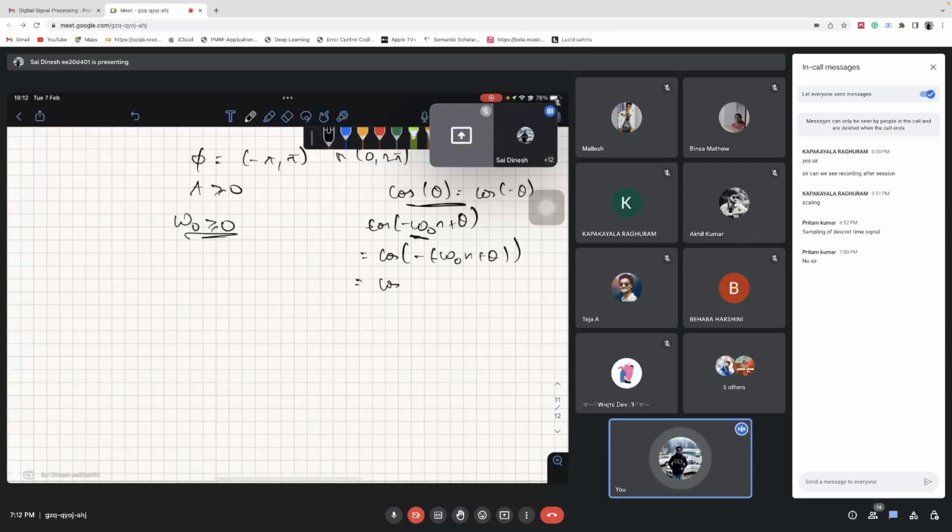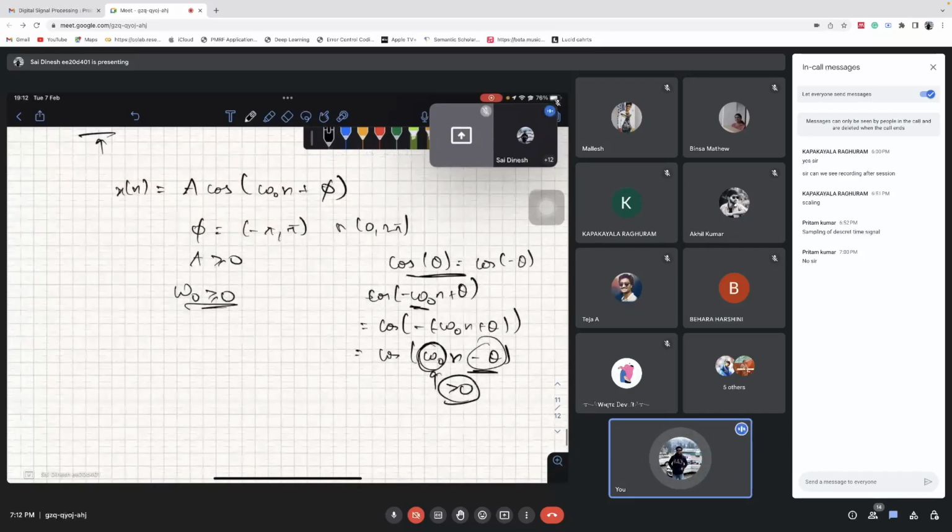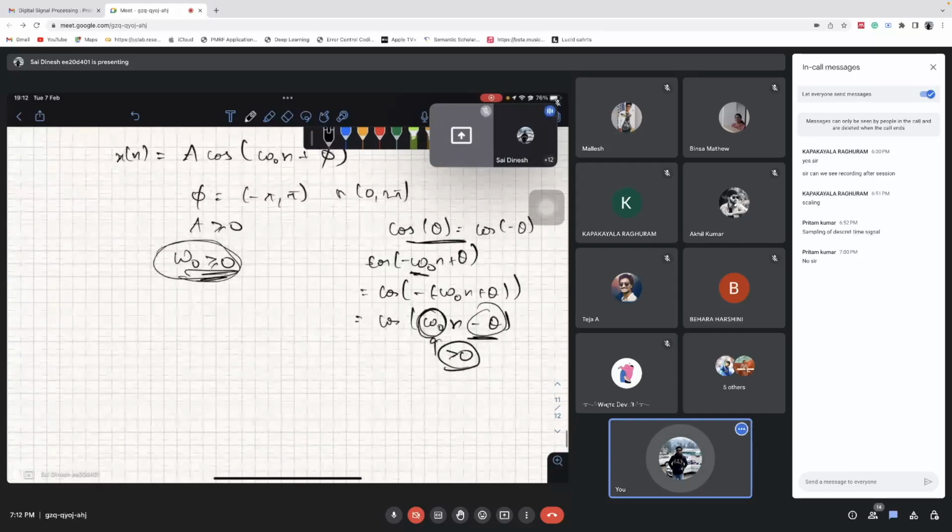So now again what we have is omega naught n minus theta. So if we can tolerate a phase difference, this omega naught can always be positive. So that is why in this case we restrict the values of omega naught to positive values.